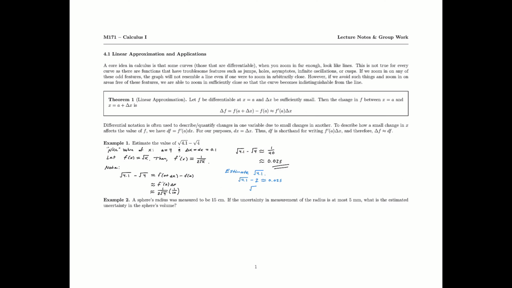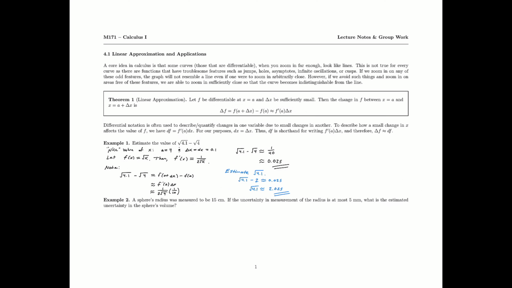And then I'll just solve for the square root of 4.1, and we get that. So you can actually use ideas of linearization to estimate these really gross quantities, such as the square root of 4.1.